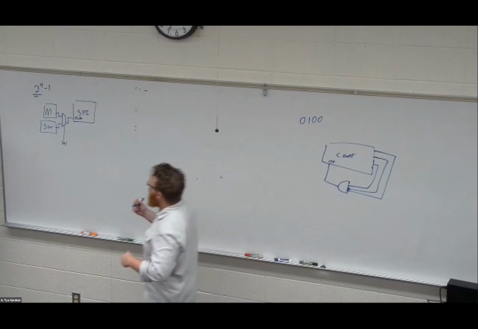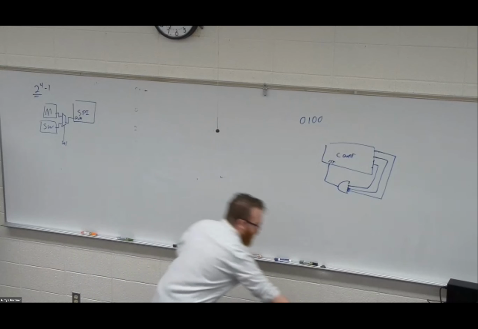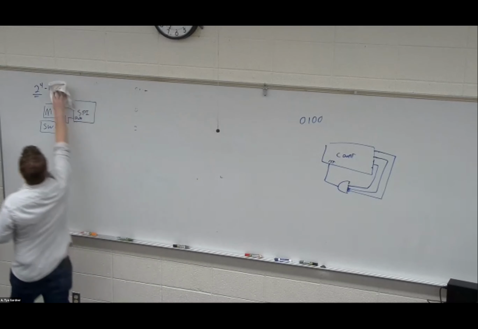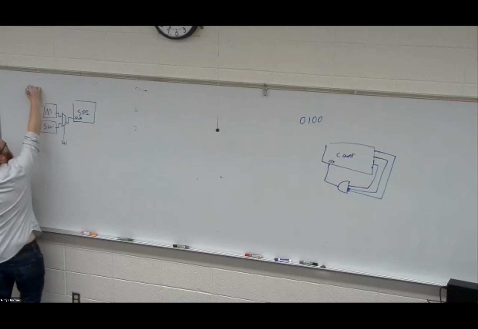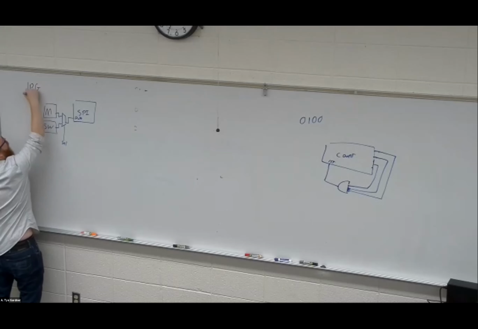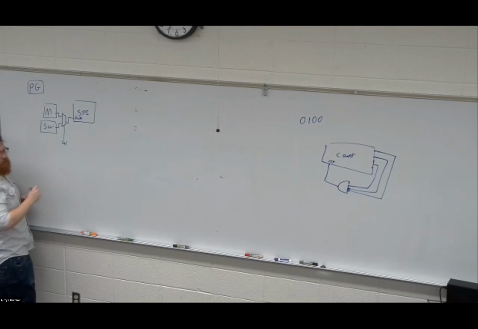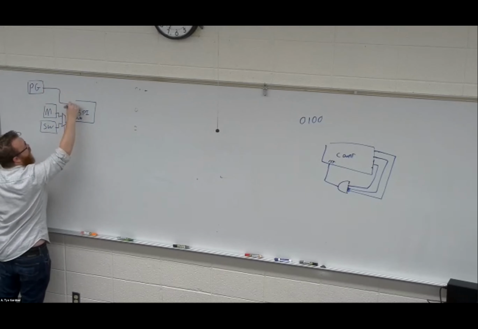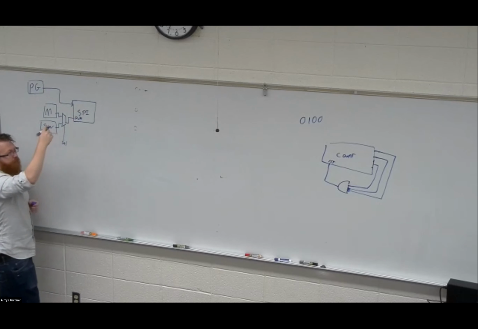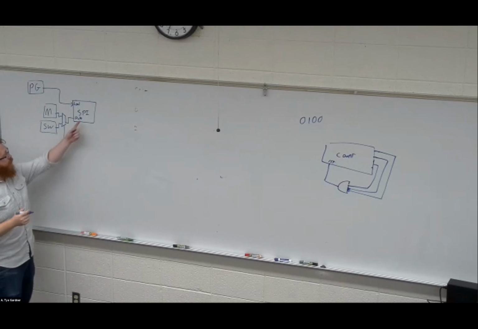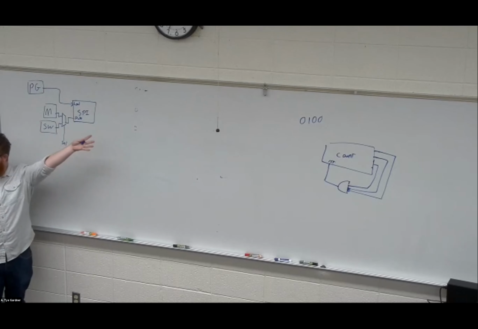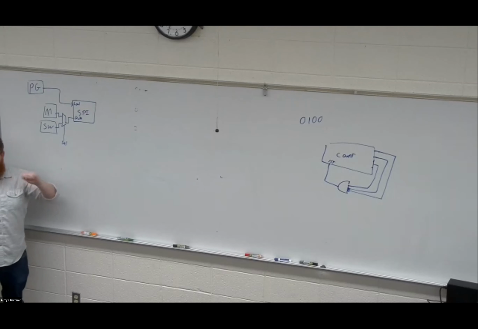So I'm going to throw in a block that I just talked about. That is going to be my pulse generator. That pulse generator plugs into what you mostly called load, that tells the SPI to load this data and begin, right?